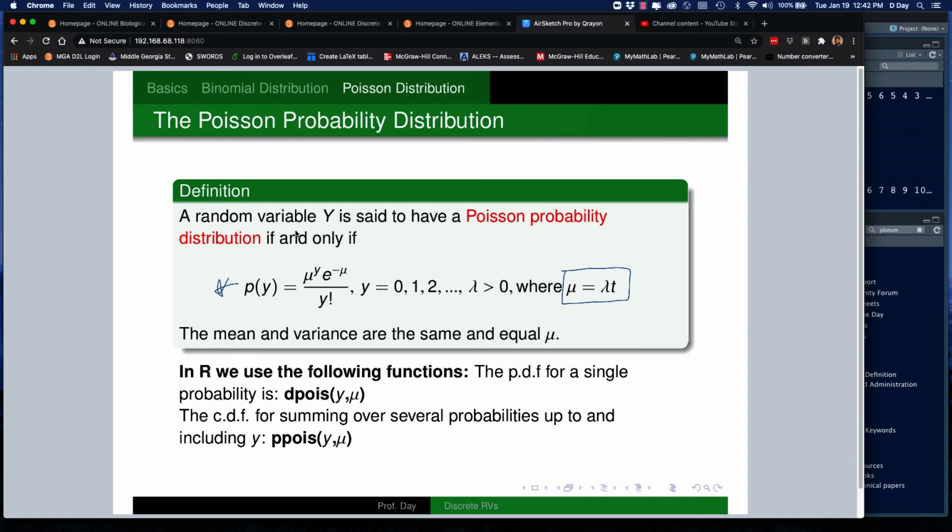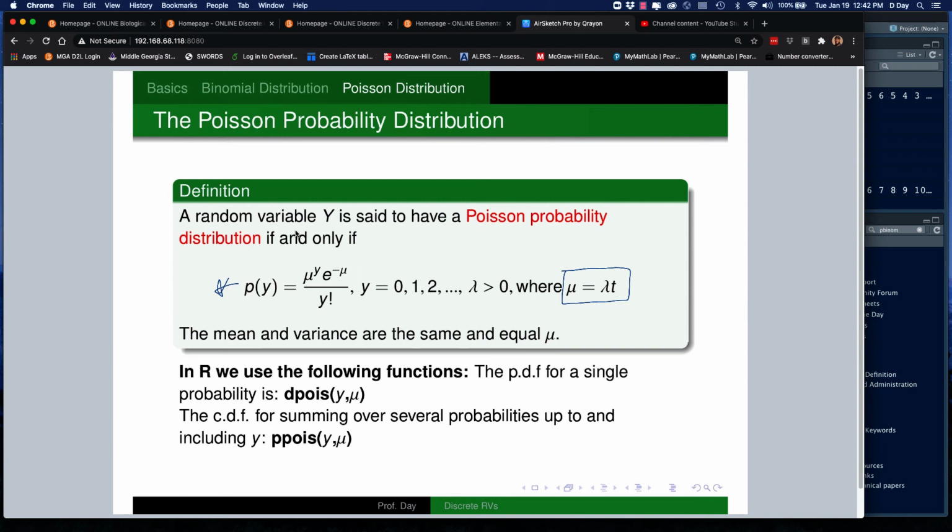The lambda value is already known from a previous study or the original time period where data was originally collected. That's usually going to be given to you in most of these problems anyway.